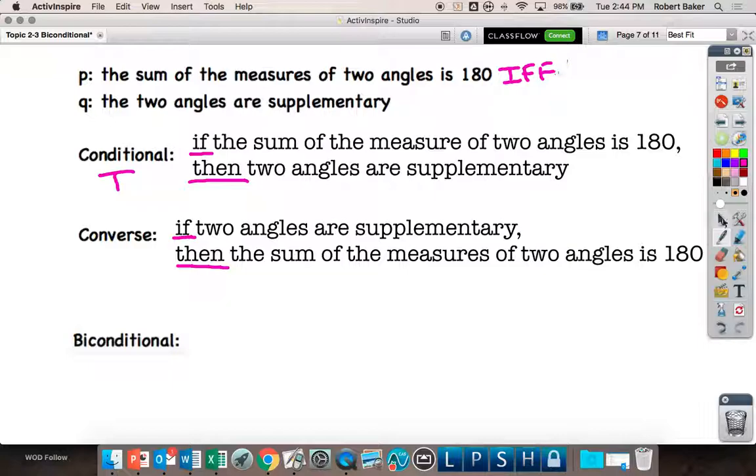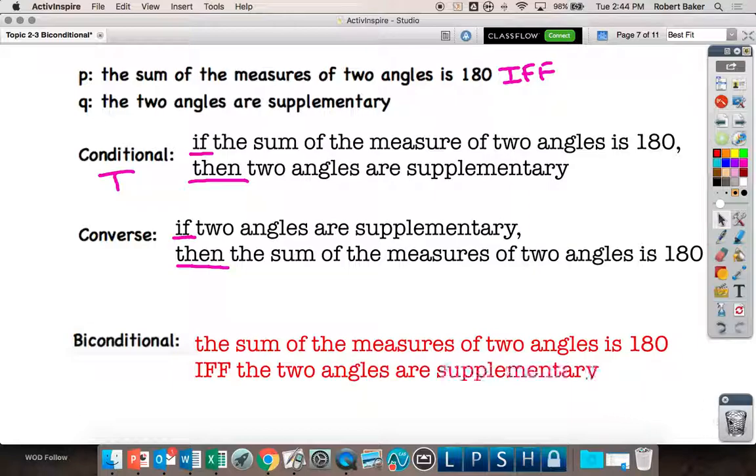Here's what it looks like. The sum of the measures of two angles is 180 if and only if the two angles are supplementary.